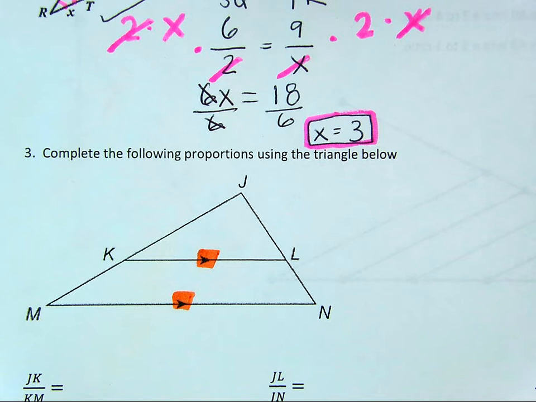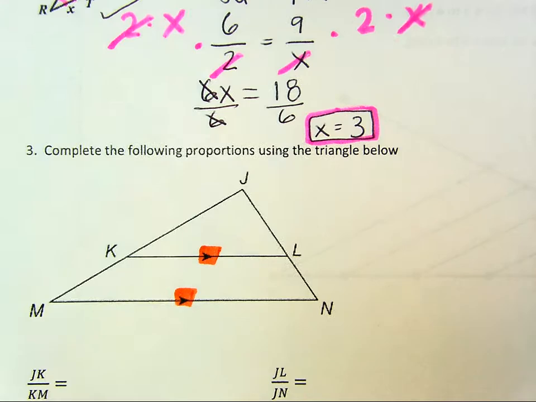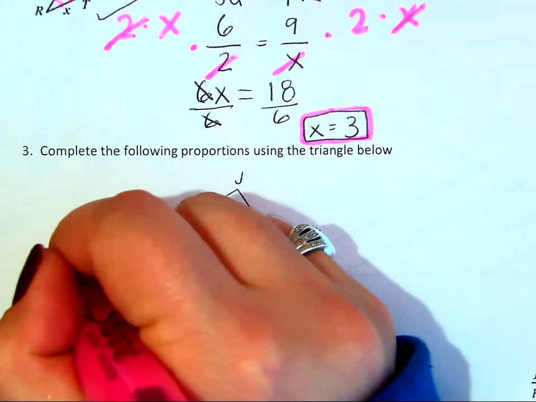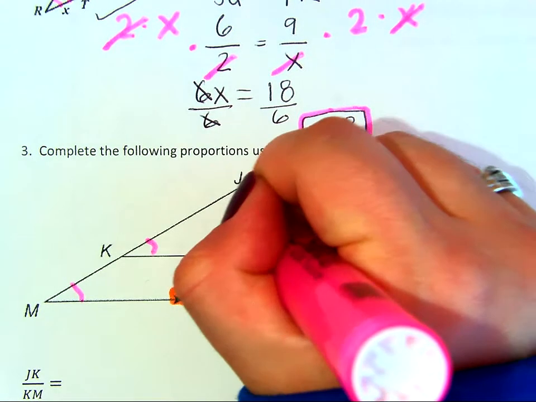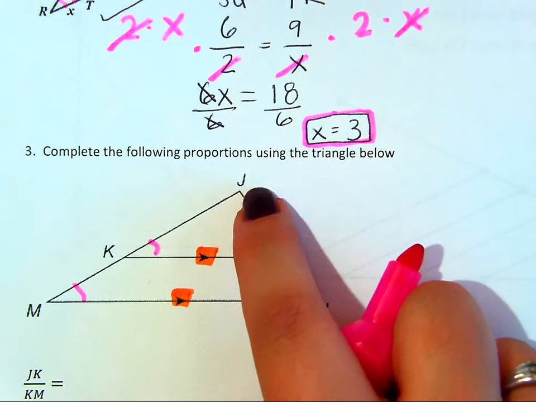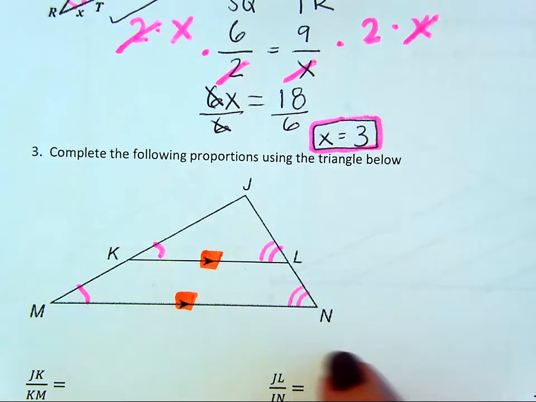So when we have parallel lines cut by a transversal, corresponding angles are congruent. So angle K corresponds to angle M, and angle L corresponds to angle N, and J is reflexive, so J is congruent to the J in the larger triangle.